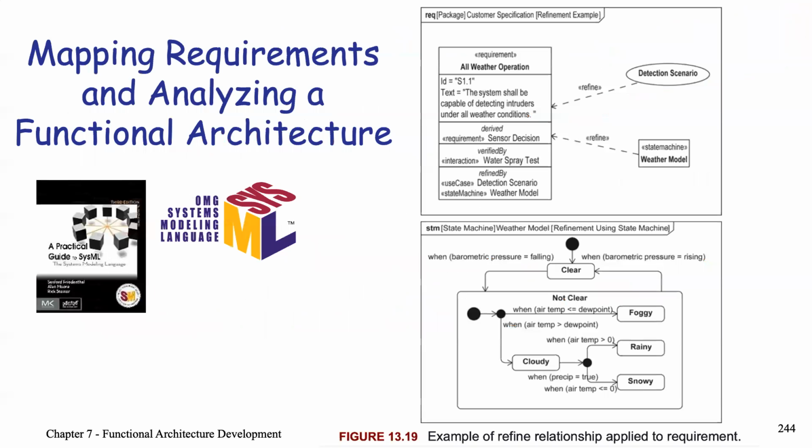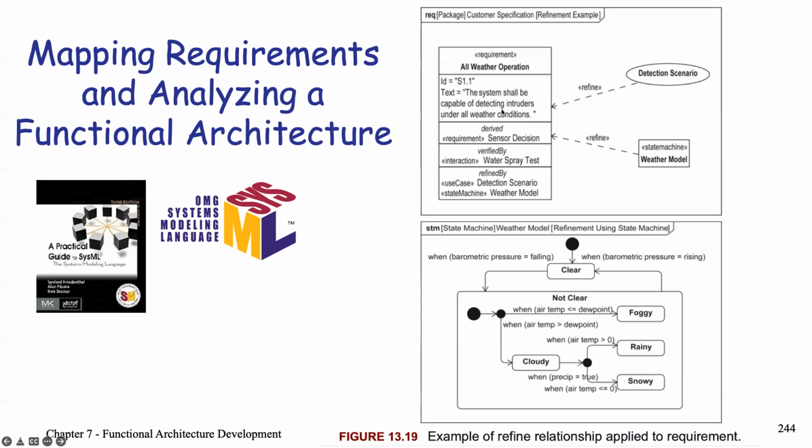Traceability is important, and it's going to start showing up here as we begin to have that discussion. This is a figure from A Practical Guide to SysML, in regards to an example of refining the relationship applied to requirements. Up in the top, we have a requirements SysML diagram, and at the bottom, we have a state machine SysML diagram. Here we're talking about an all-weather system that is capable of detecting intruders under all weather.